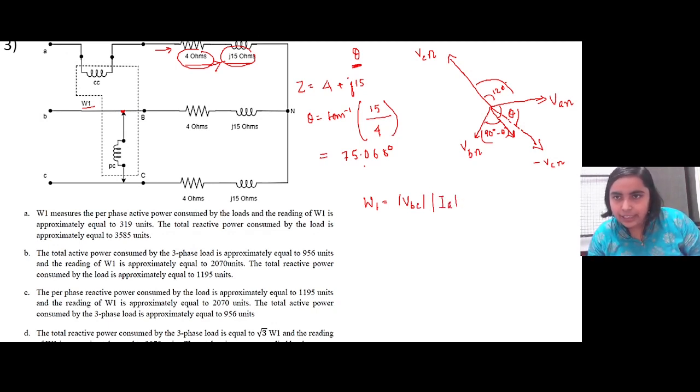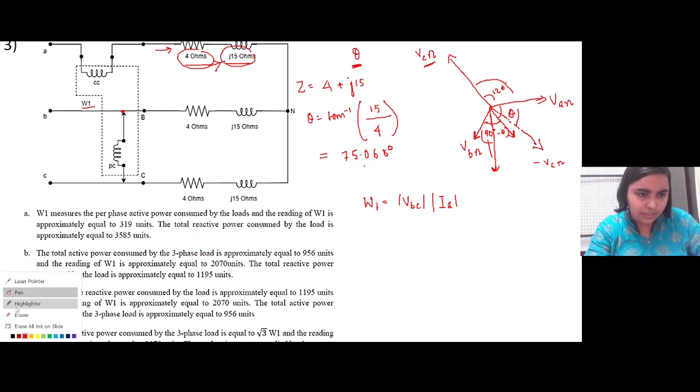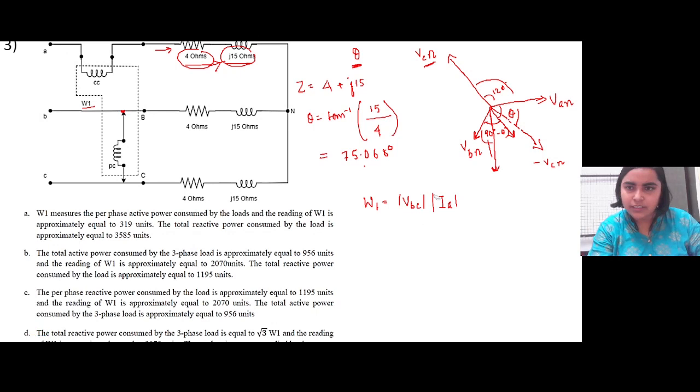Now it will be the angle between V, this is B. VAN, CN, BN, sorry, these will be the line voltages. The phase voltage will be, let me maybe erase this and draw it properly.